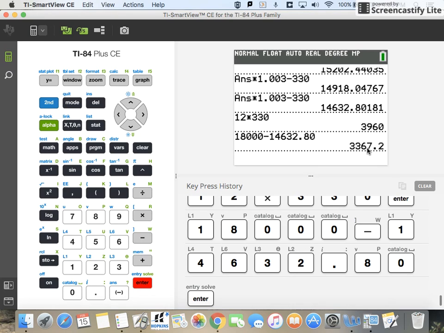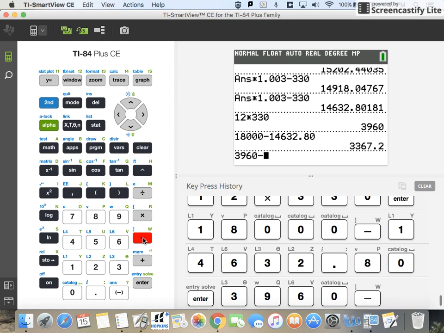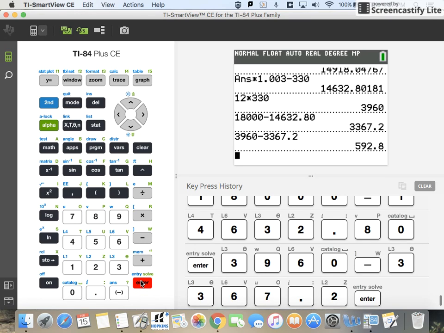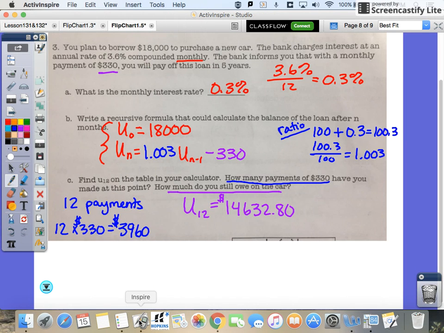So your value's only decreased by about $3,400, and you've paid almost $4,000. So all that extra money. So again, this is what your loan has decreased by, and that's how much you've paid the company. You've paid them in 1 year alone almost $600 in interest. So it really benefits you to pay these things off quicker.